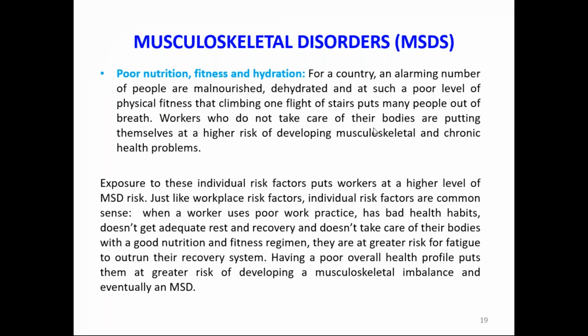Then poor nutrition, fitness, and hydration. For these types of workers or work practices, we need water, we need some food. Specifically when you are working on particular machinery with some bending movement, some body movement, some repetitive tasks, some heavy work, some forcing work, etc., then we have to take care of a proper nutritional diet.